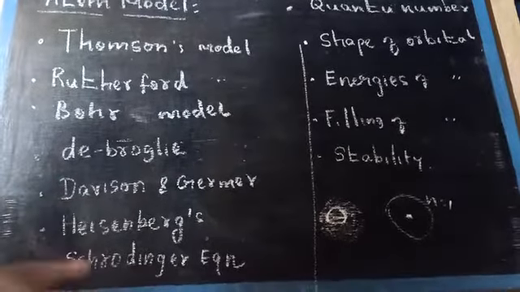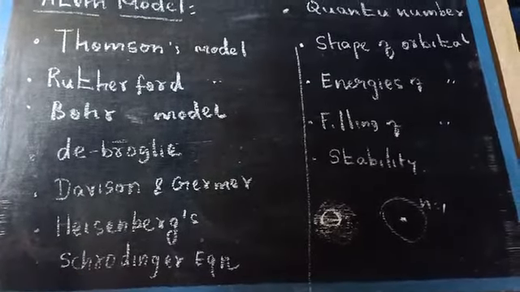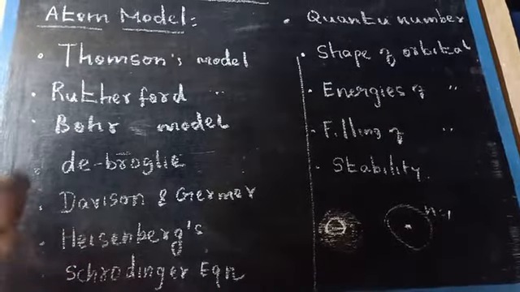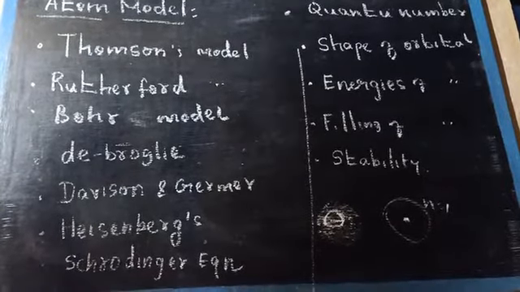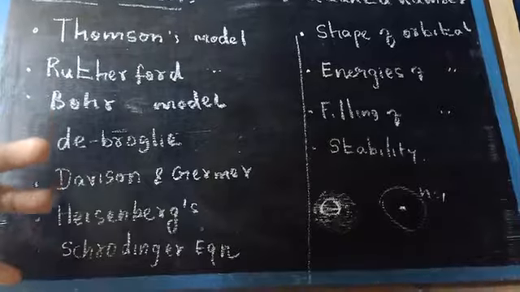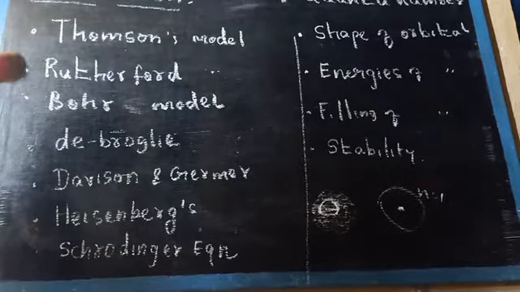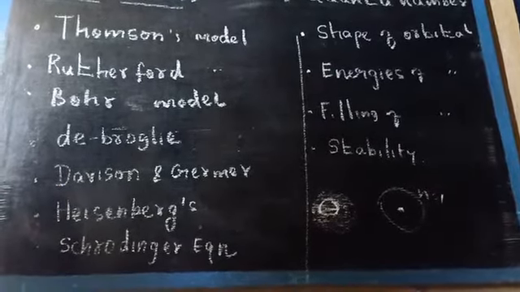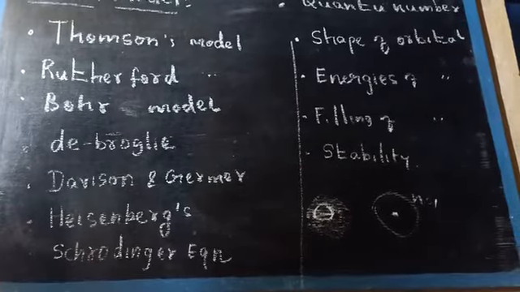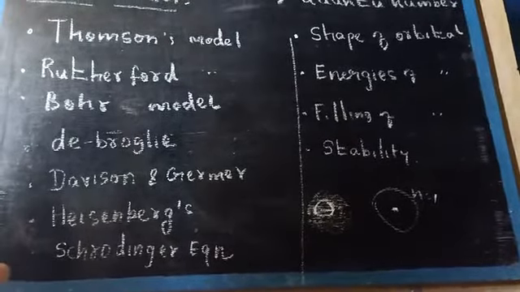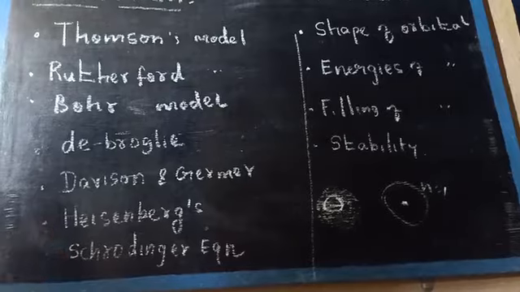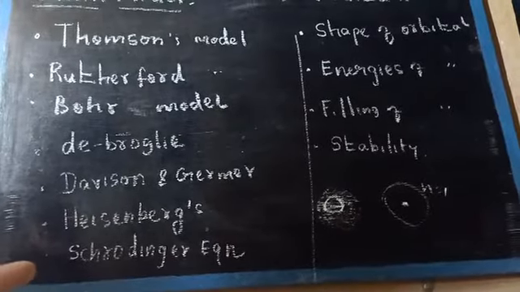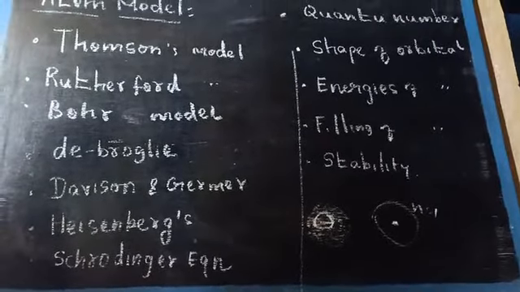Heisenberg also talks about the electron: it is not possible to calculate the position and momentum of an electron at the same time. It is impossible to measure both position as well as velocity, or momentum, simultaneously.